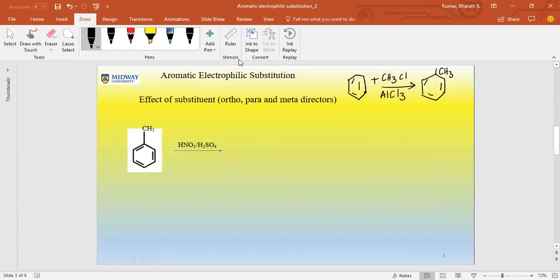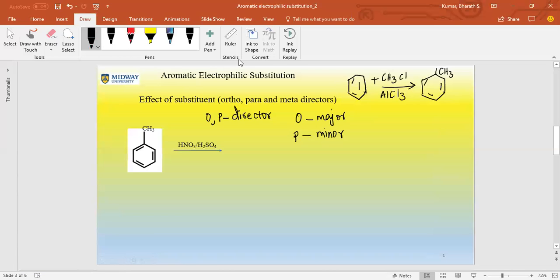Now this reacts with HNO3, H2SO4. Now if you remember from the table I showed you, if this were the group attached to the ring, it's an ortho-para director, right? And for this particular case, the ortho was the major product and the para was the minor product.